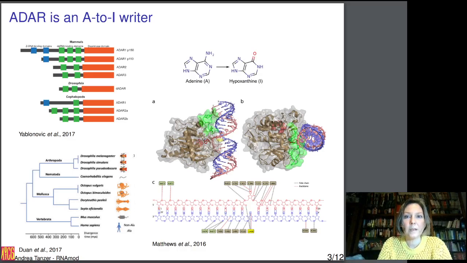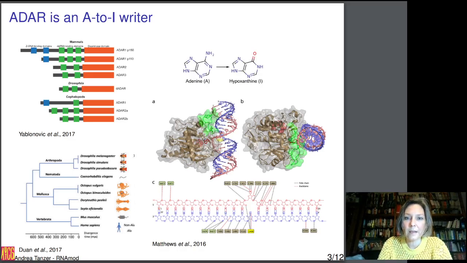This process is catalyzed by ADARs, adenosine deaminases acting on RNA, which are proteins consisting of double-stranded RNA binding domains, a deaminase domain, and one family member, ADAR1, also contains Z-DNA binding domains.